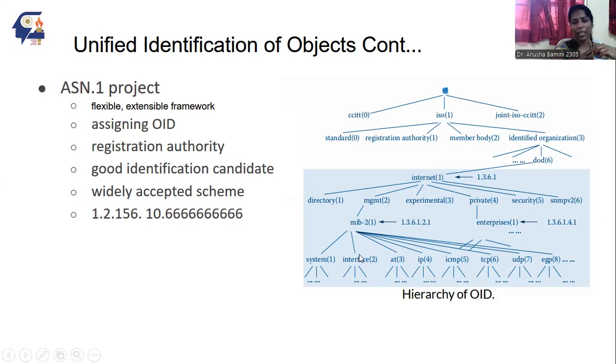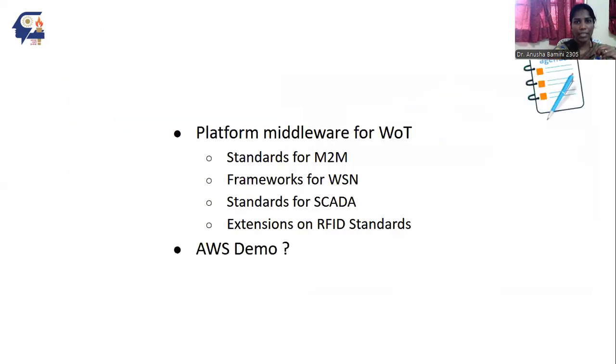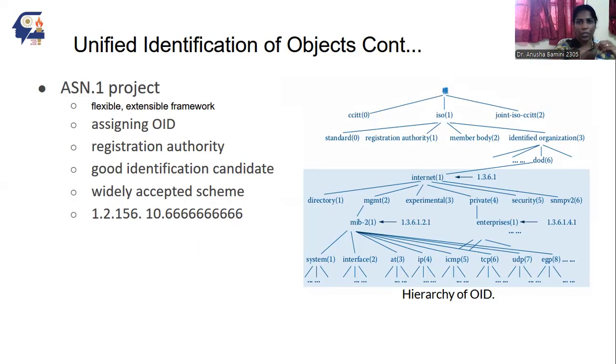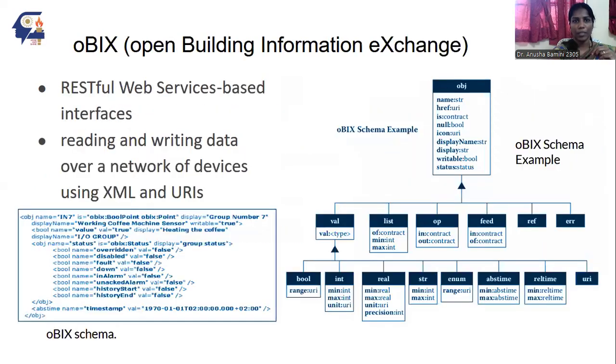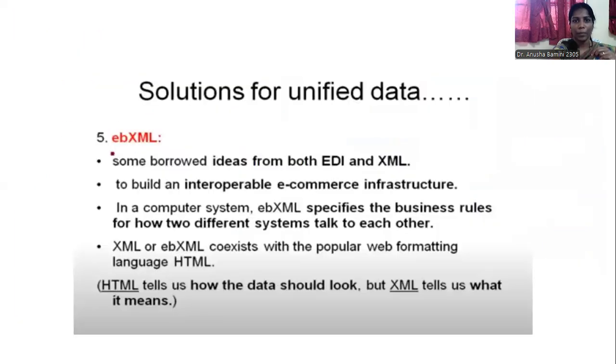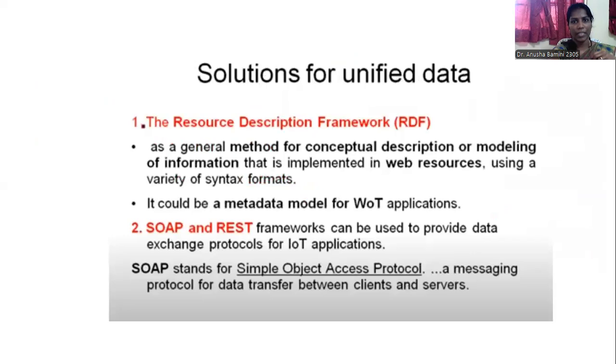So this is the hierarchy of object ID. Based on what object it is and what kind of device it is, this unique ID is created for every object. So these are the topics we studied today about unified data.